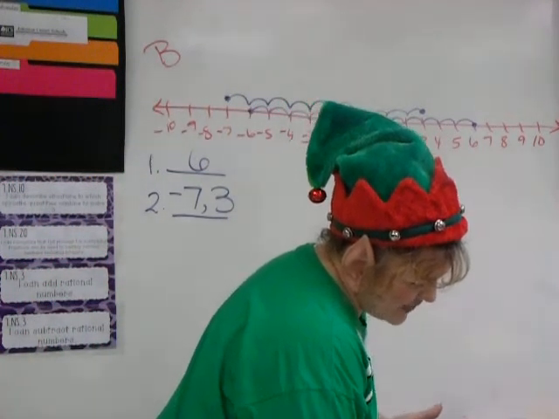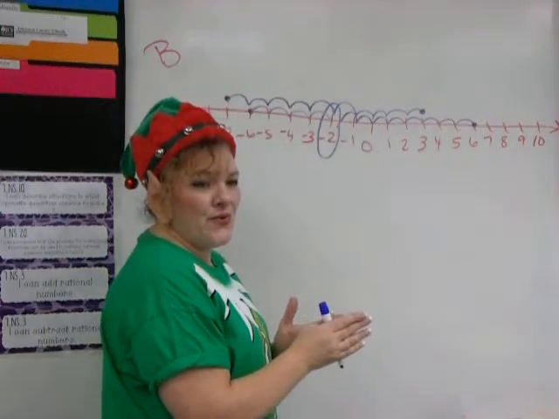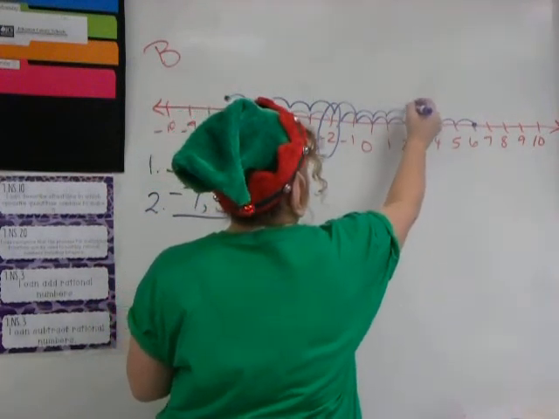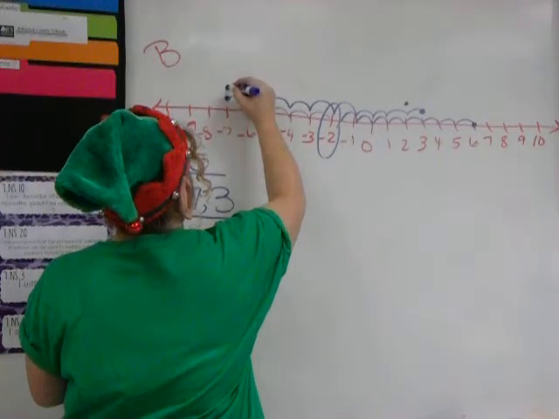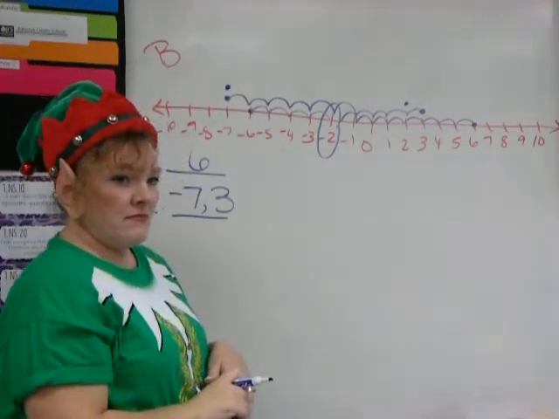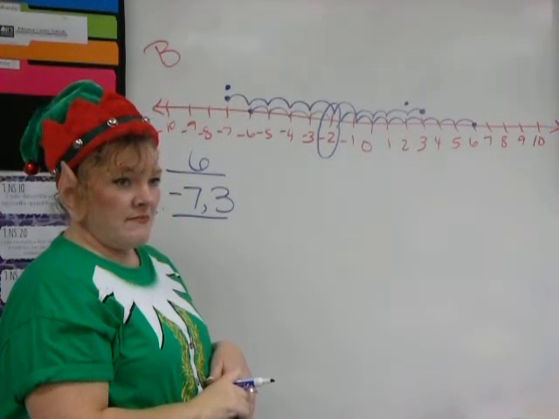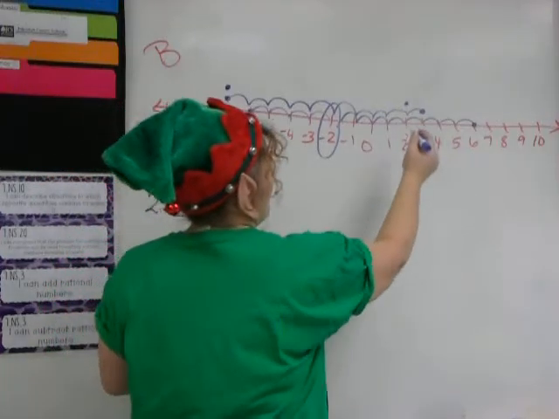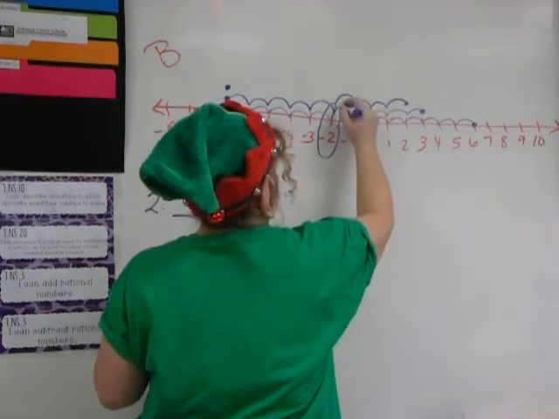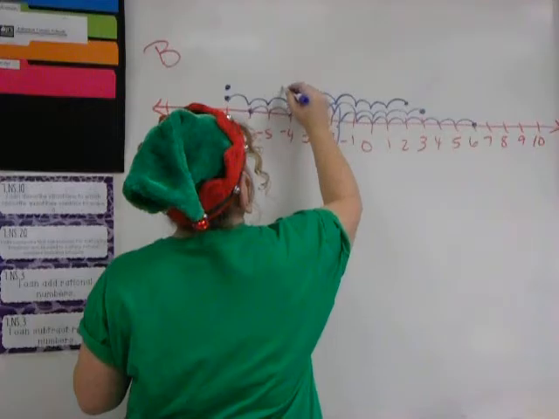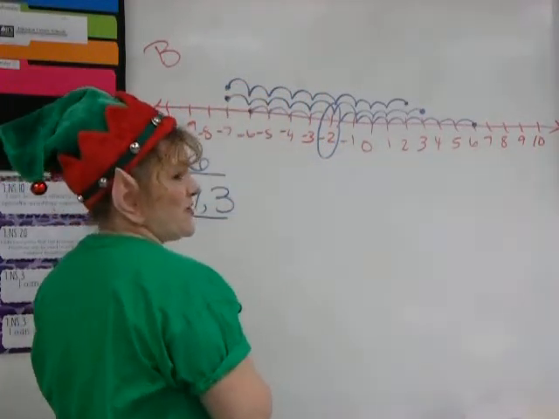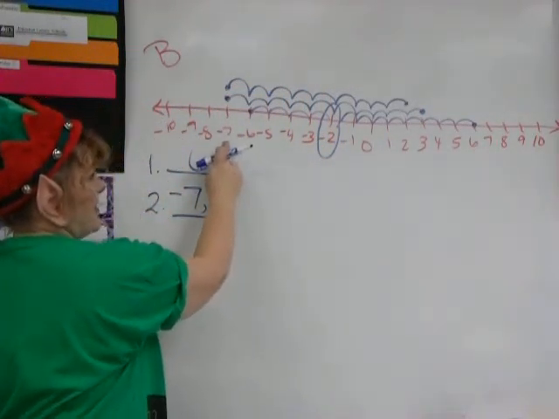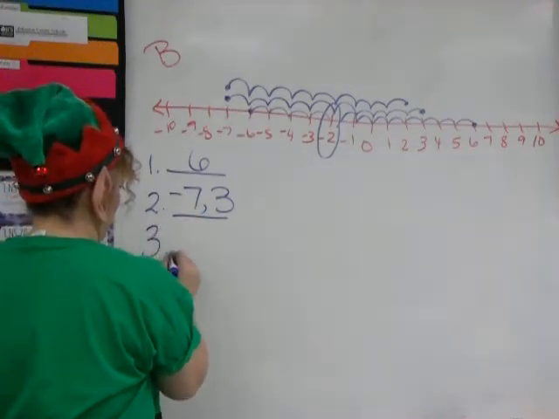The next set of numbers is positive 2 and negative 7. We're going to count it off. 1, 2, 3, 4. 1, 2, 3, 4, 5. Which one's further away? Negative 7.